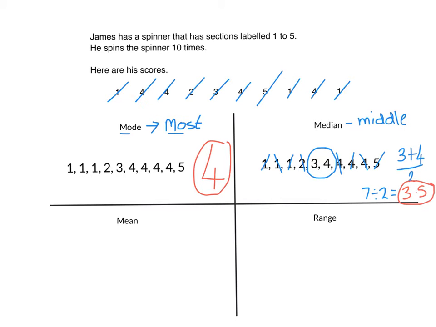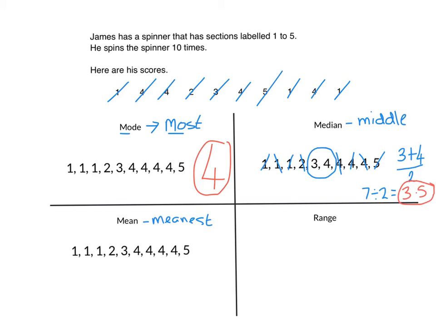Okay, we're also going to find the mean. You don't have to order these this time, but I'm going to take my ordered list just because I haven't written over it. So you don't have to order them. The mean, I always think, is the meanest. It's the one that requires the most effort. You add them all together and you divide by how many there are.